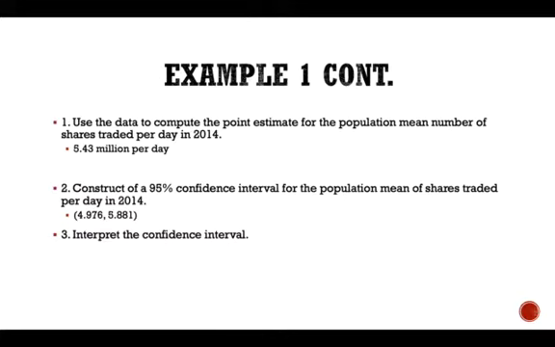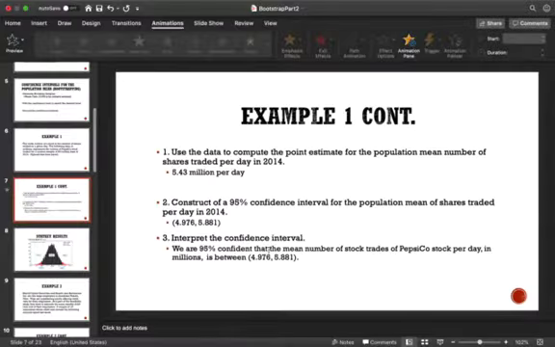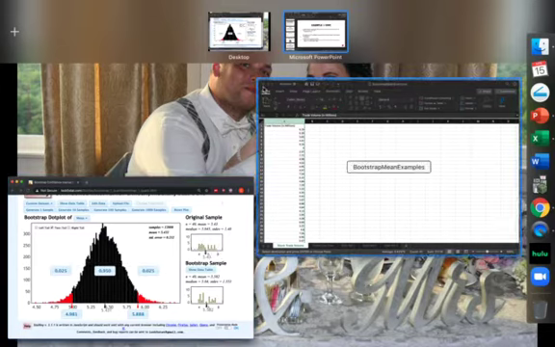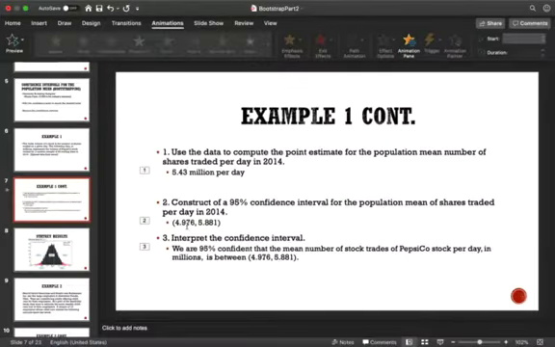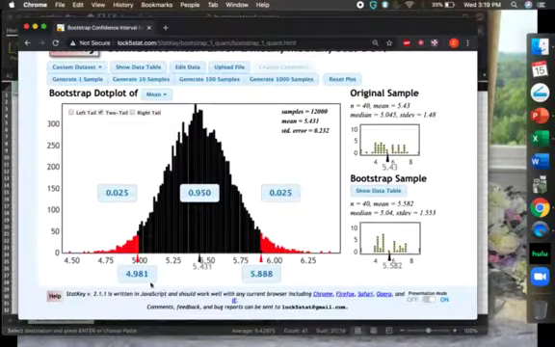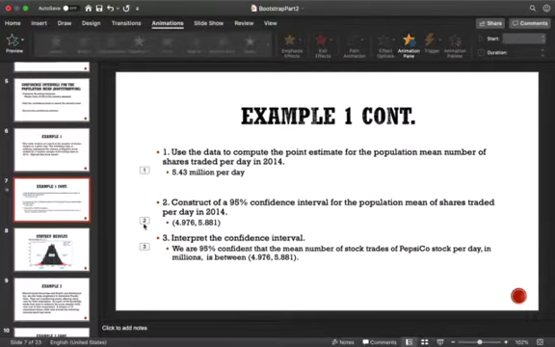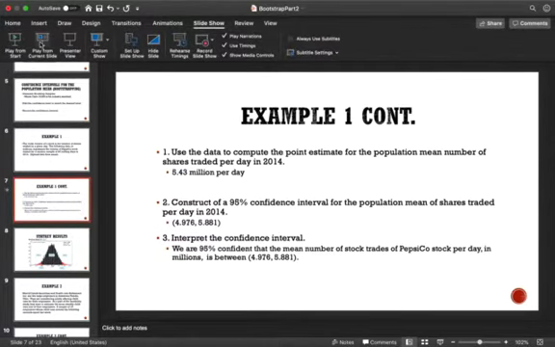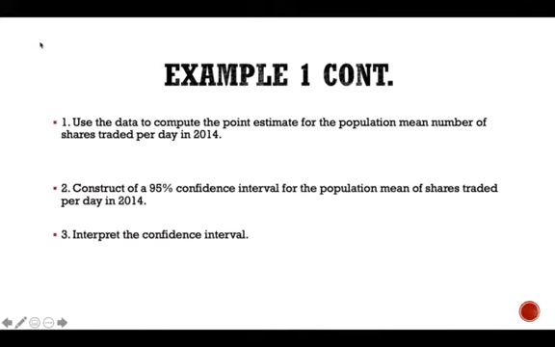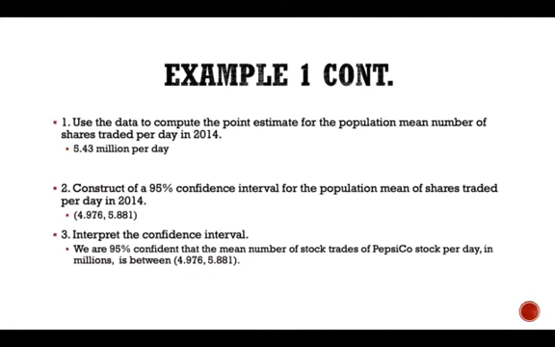The values are going to be approximately the same though, and I can see that. 4.976, 5.881, 4.981, 5.881. So the values are approximately the same. They're just not necessarily identical, because the samples that we take are not necessarily the same.